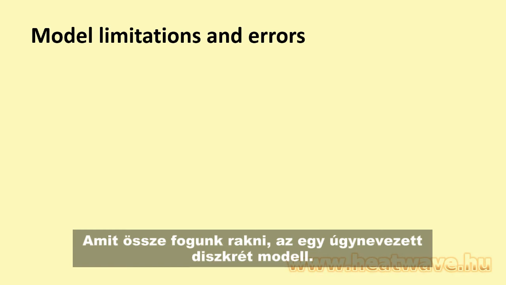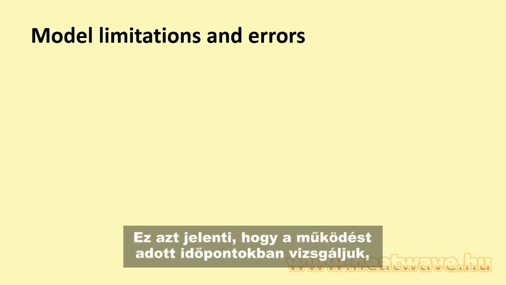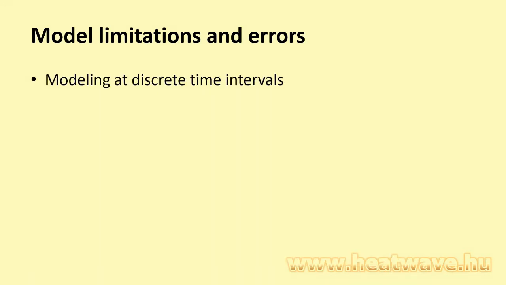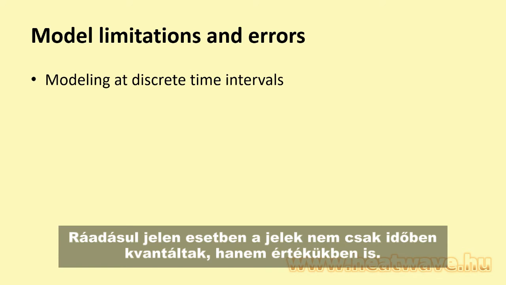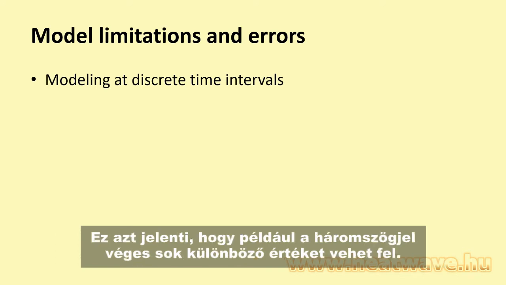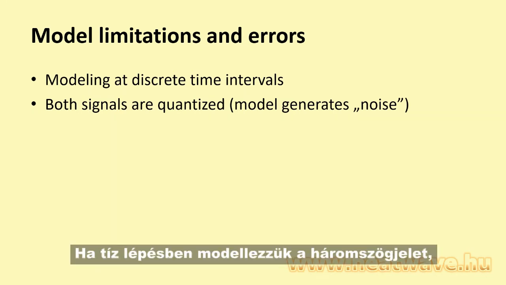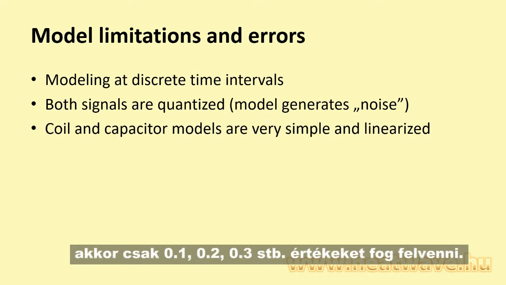What we are about to create is a so-called discrete model. That means we model the operation at certain points in time and assume linear changes between those points. And in this case, the signals are not just discrete in time, they are quantized. This means, for example, a triangle signal will have only certain possible values. If we model the triangle signal in 10 steps, then it will only have values like 0.1, 0.2, 0.3 and so on.